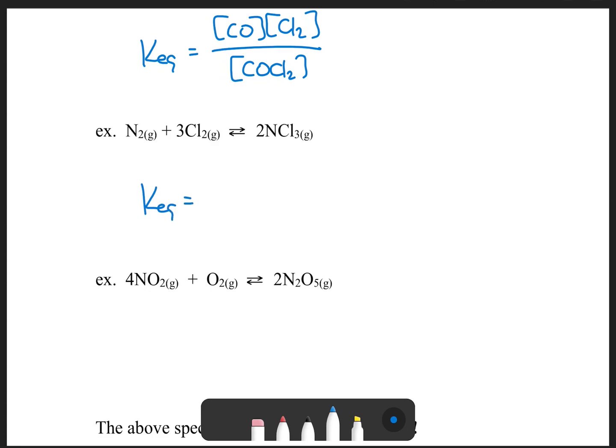For the second example, KEQ is equal to the products. The coefficient 2 becomes the exponent 2 for NCl3, N2, exponent 1, which we don't write, Cl2, coefficient 3 becomes exponent 3. And there's our KEQ expression.